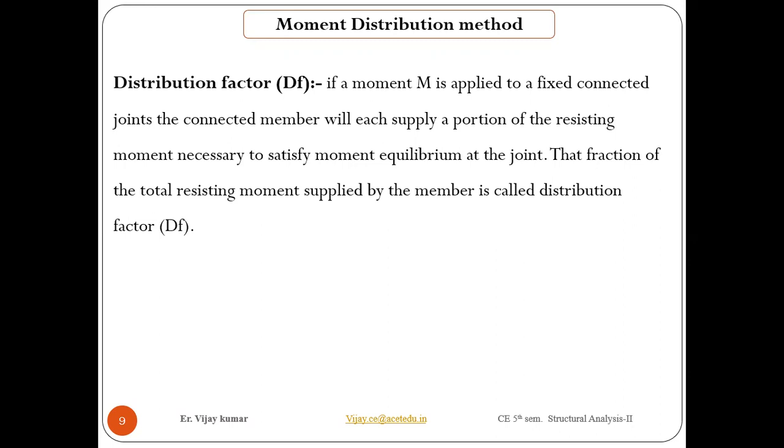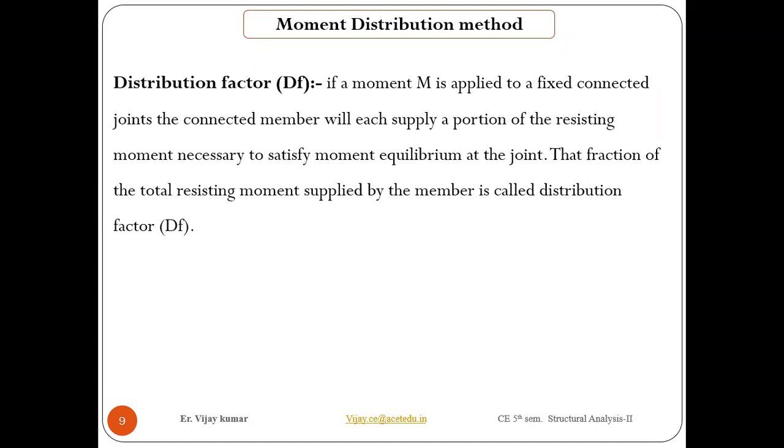In that case, we use the moment distribution method to distribute that moment to the further joints, so we can provide the reinforcement more equally to resist it. We are going to use a distribution factor, a factor value we calculate, and by multiplying with it using approximation methods like successive approximation, we ultimately distribute some of the 500 moment to the other points, some to the 100 and some to the 50.